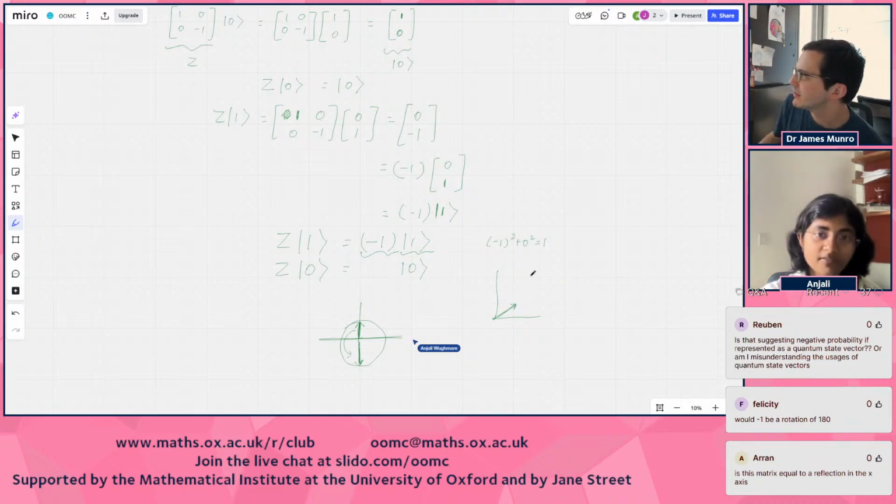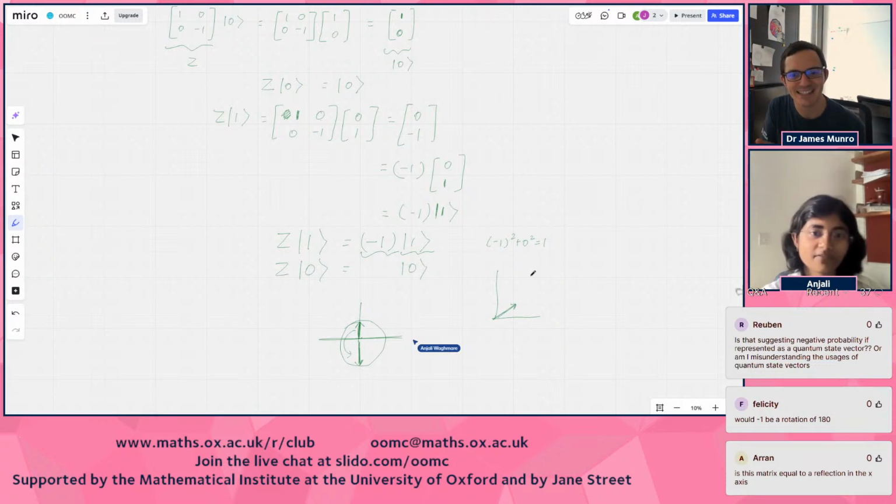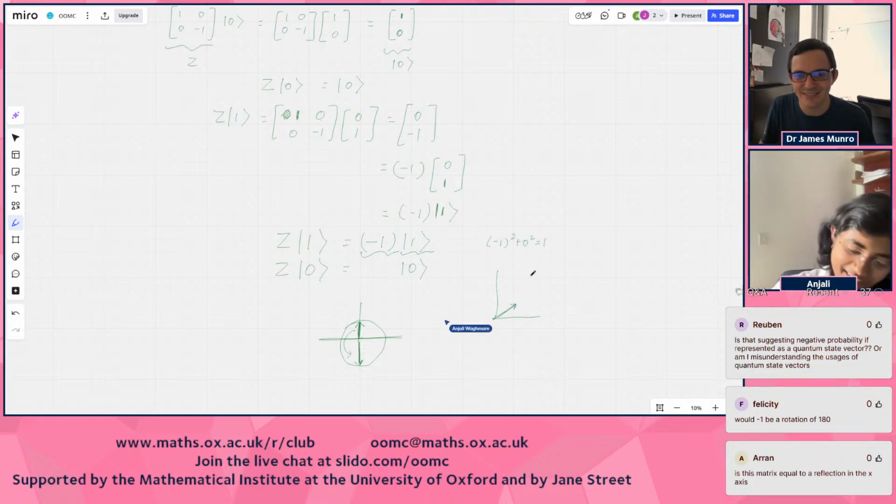So -1 squared is the same thing as 1 squared, still 100% probability. It doesn't change the probabilities. Right, it changes the sign on one of the coefficients, but that doesn't affect any probabilities. So it's a weird transformation that doesn't affect the measurement outcome.